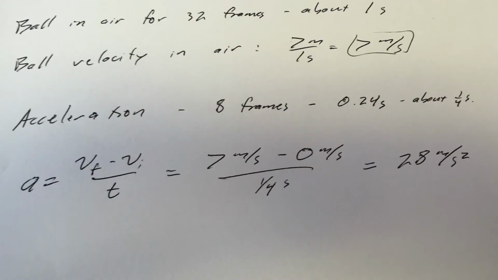So I'm saying 7 meters per second divided by 0.24, or roughly 1/4 of a second, and that gives me an answer of 28 meters per second squared. It's a very rough estimate, but it is an estimate for the acceleration of a basketball while it's being shot for a 3-point shot.